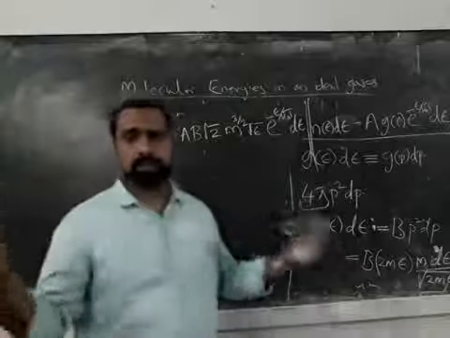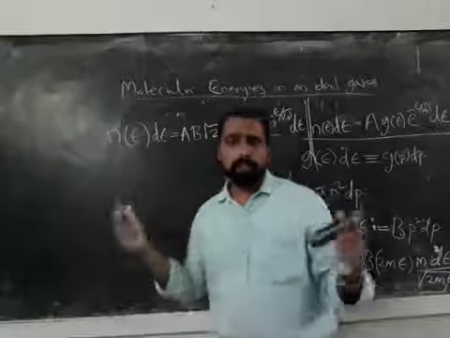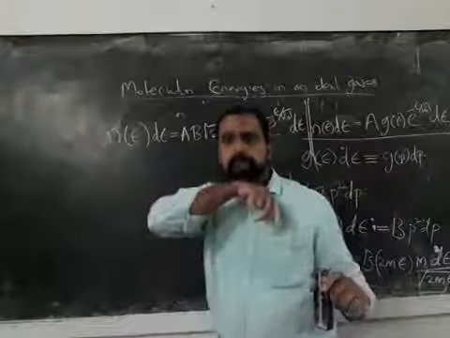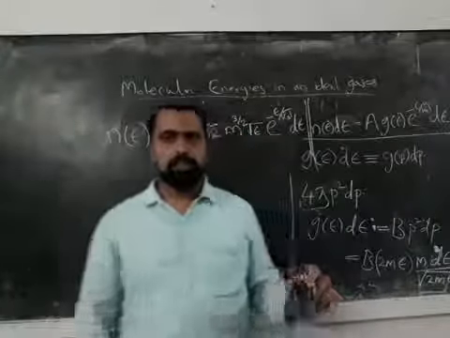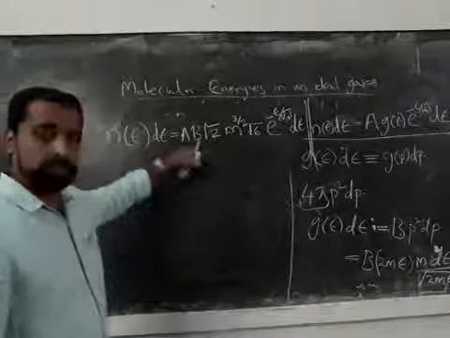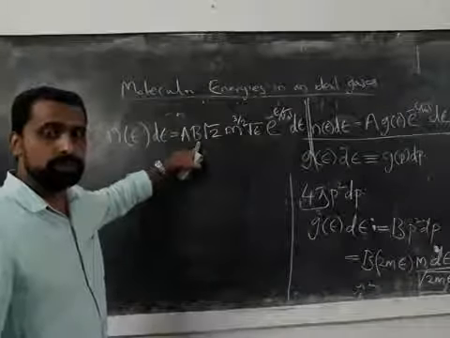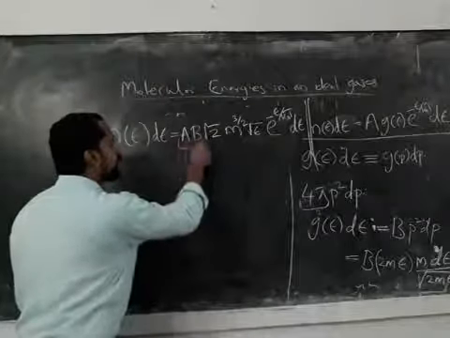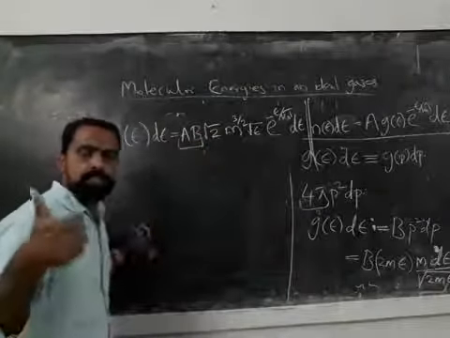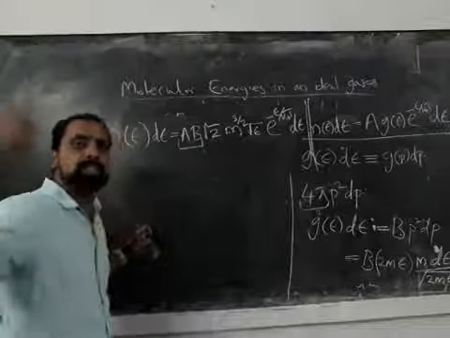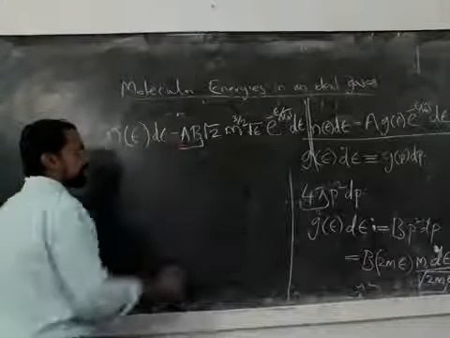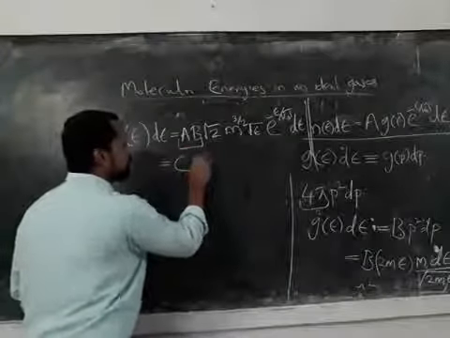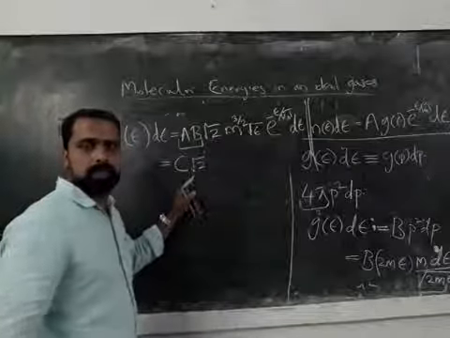Now if you want to know the total number of particles, we have to integrate it. Before that, we have two things here that we also have to find out. a is a constant, b is a constant, so obviously the product of these is another constant. I am calling it c. So this is c, which is a times b times root 2.